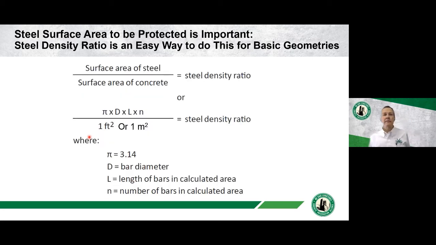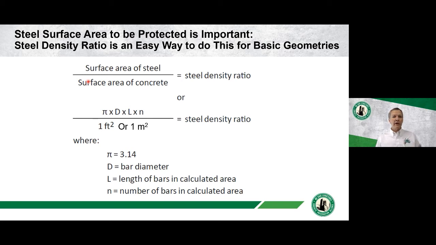The first thing is you have to take a look at how much steel surface area do you want to protect, okay? And if you're doing a design from the fundamentals, you can take a look at your structure or the portion of the structure that you're looking at, and you can calculate the steel surface area of that element, and you can do a design all the way back to fundamentals.